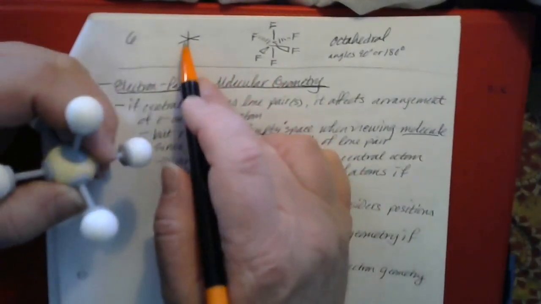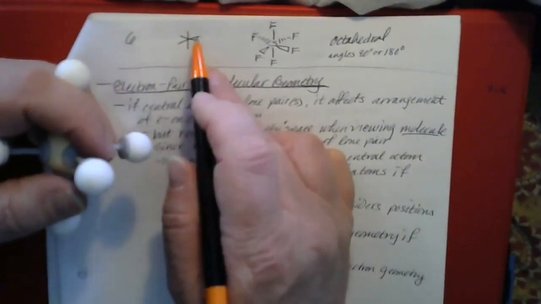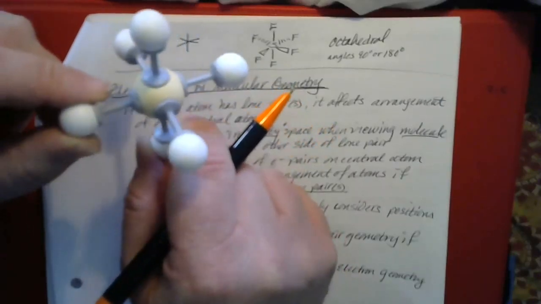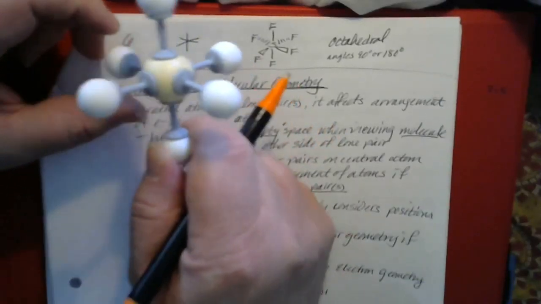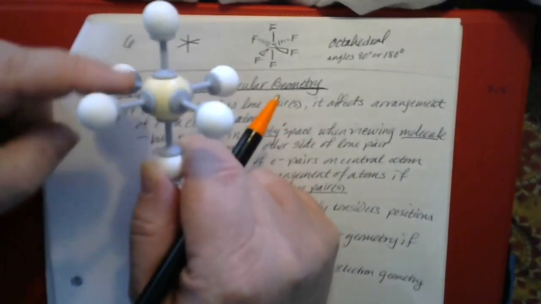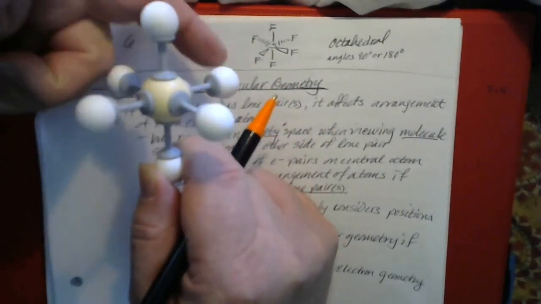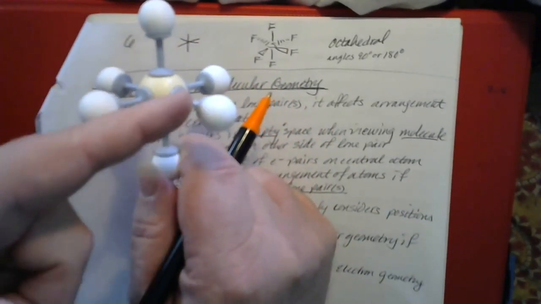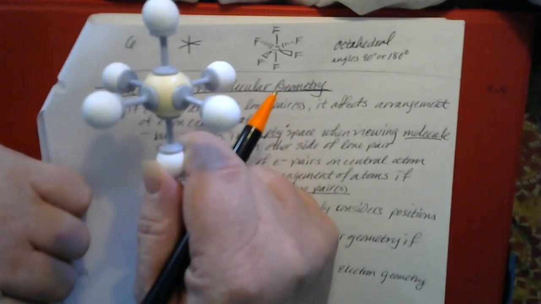A good, decent way to draw an octahedron on a flat piece of paper is kind of like this. Just sort of make an X and draw a vertical line through it. And that would be looking at it something like this, where you have a bond going straight up, a bond going straight down, and then a bond going back to the left and one back to the right, and one coming out to the left and one coming out to the right.